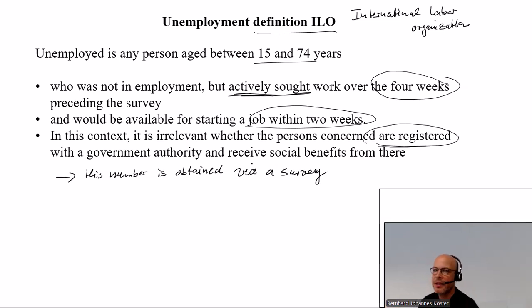Or if you look at other countries, maybe you find then in the media different numbers, and the reason for this will be mostly that once you see the official number, and in the other time you see this internationally comparable number due to the International Labor Organization.